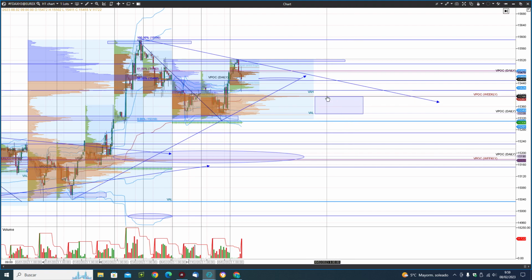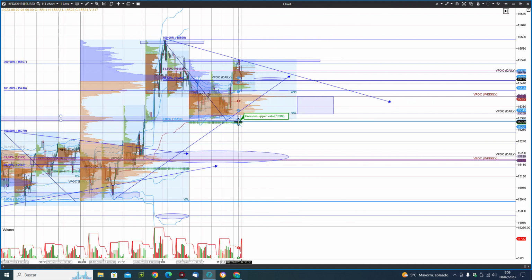Here we have the current weekly VPOC exactly on 15,396, and this rectangle, this zone between this point and the lower at 15,334, it's a place where the price can go and settles here.